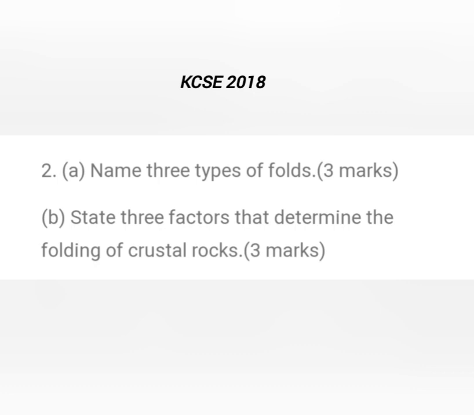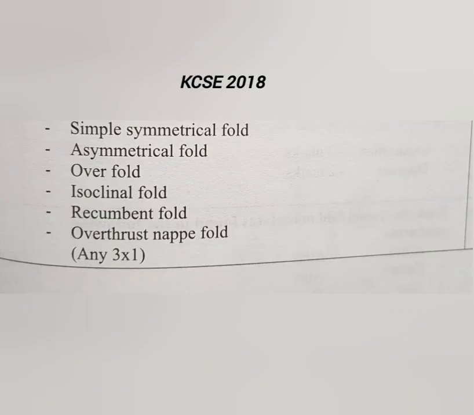That is why I'm insisting on the importance of revising using KCSE papers. You can see how many questions are being repeated. So name 3 types of folds. Simple symmetrical fold, asymmetrical folds, overfolds, isoclinal folds, recumbent folds, overthrust fold, anticlinorium folds, the synclinorium folds, or you can talk about the anticlinorium synclinorium complex.